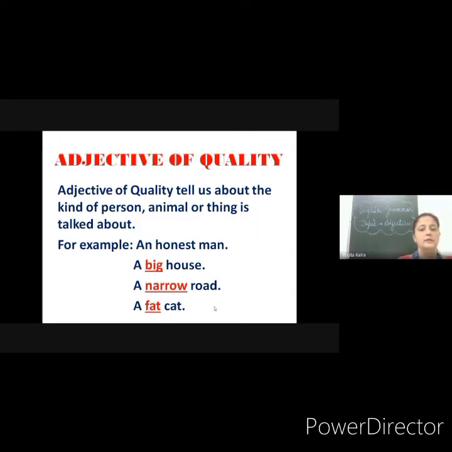Why? Because it is describing the word house. A narrow road. The word narrow describes how the road is. A fat cat. So the word fat describes the noun cat. So the words which tell us what kind of a person, animal or thing it is are called adjectives of quality.